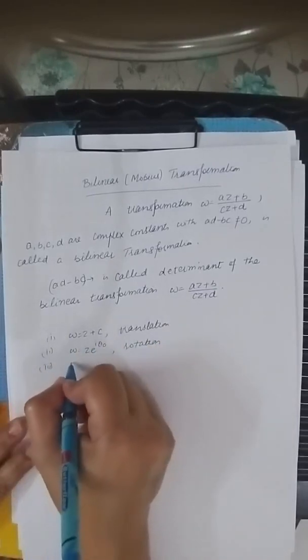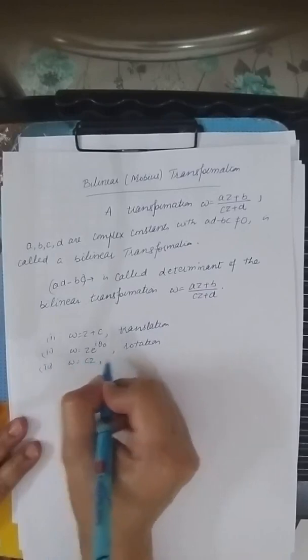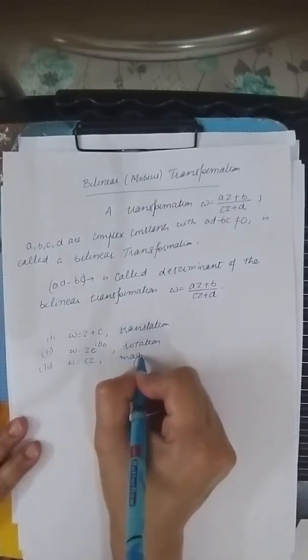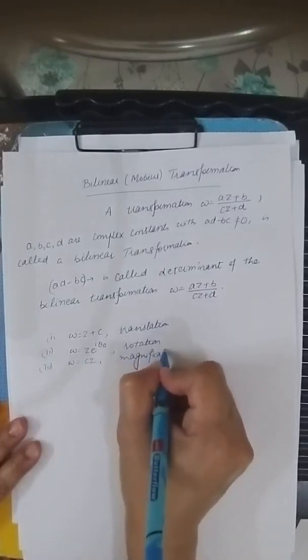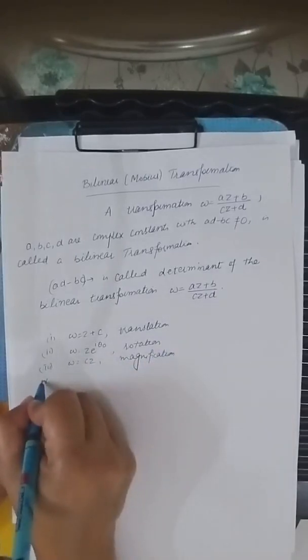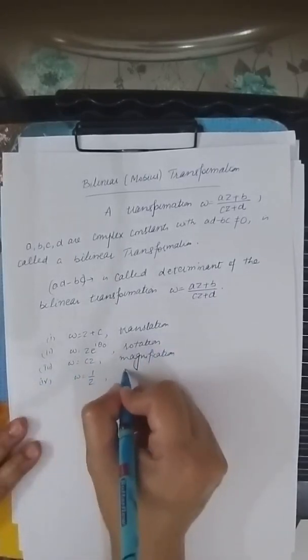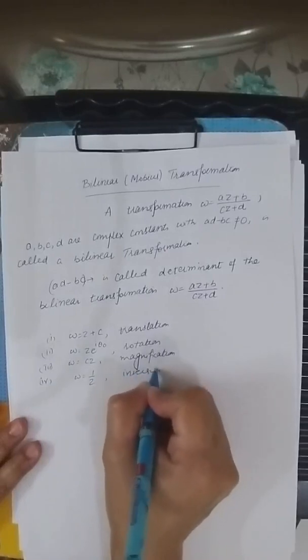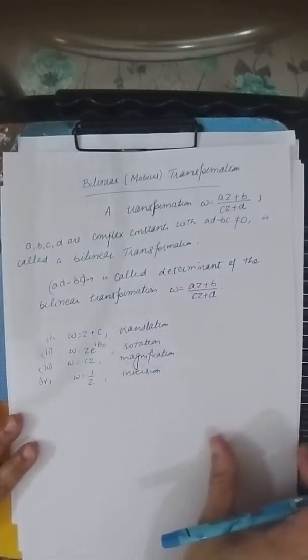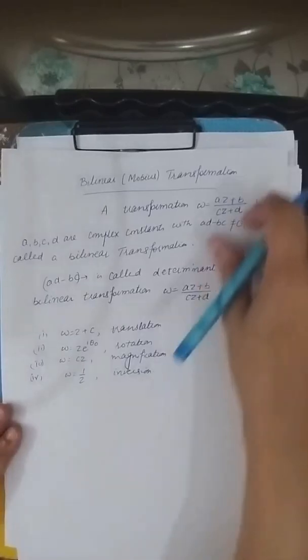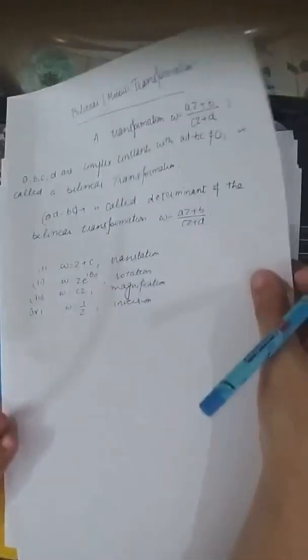Third one is magnification, W equal to CZ. And fourth one is inversion, that is W equal to 1 over Z. The combination of these gives the bilinear transformation.